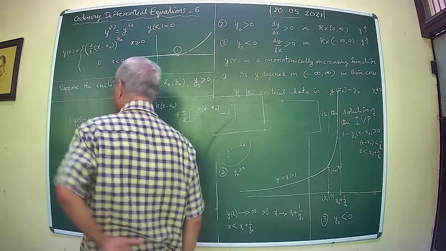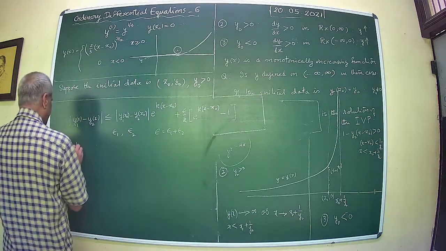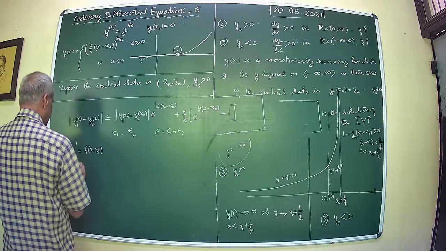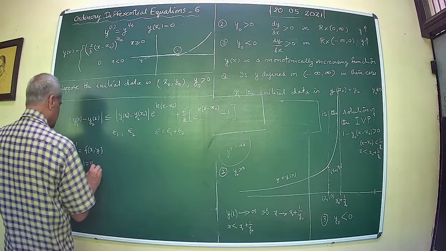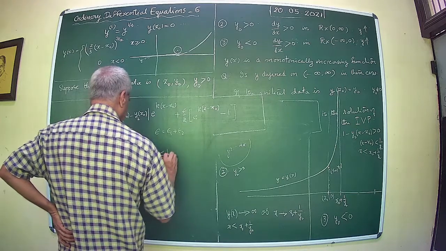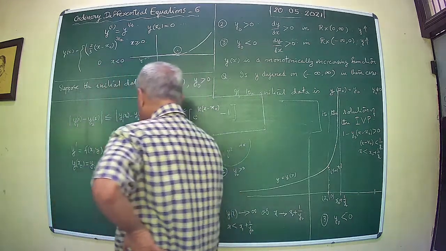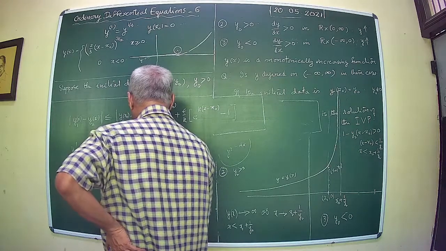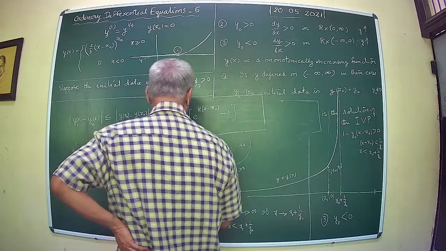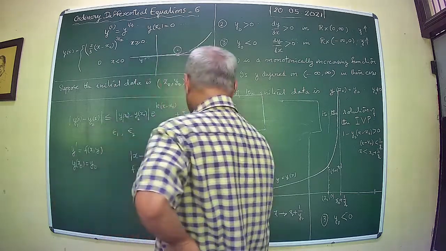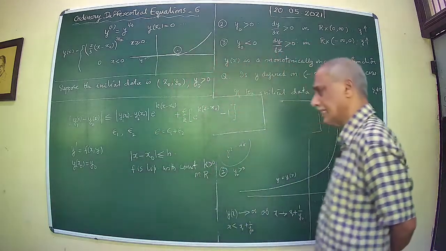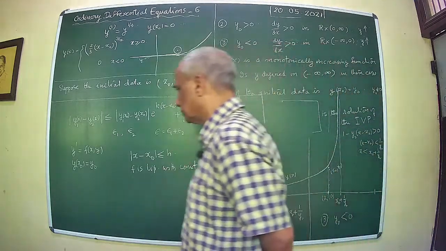Suppose you take this equation, y derivative is equal to f of x, y, and suppose you know that the solution exists on mod x minus x naught less than or equal to h. We assume f is Lipschitz with constant k on R, where R is as we have defined.